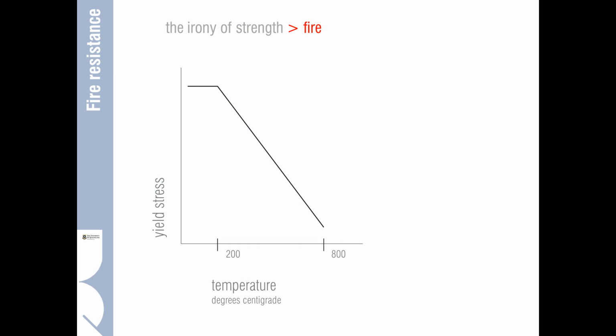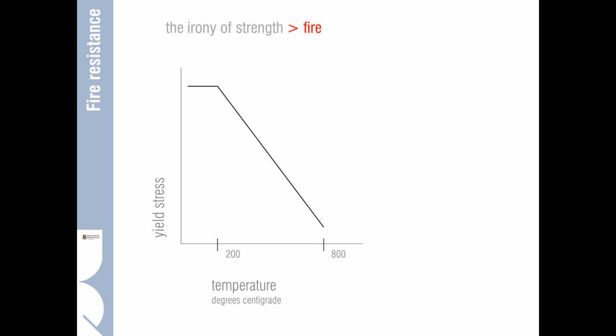The other issue with steel, of course, is its performance in fire. So the yield stress of steel under normal temperatures is quite good. However, as the temperature gets higher, that yield stress drops off very quickly.